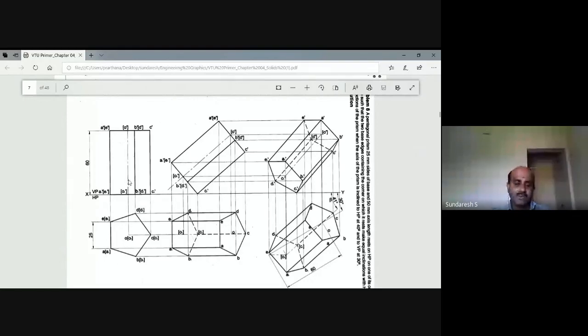Whereas O dash O1 dash in the initial position front view is 60 millimeter, the original or actual length of the axis. Once it is inclined to HP at 40 degrees, its length is foreshortened. That can be obtained in the second position of view. So O O1 is the foreshortened axis length of the solid.